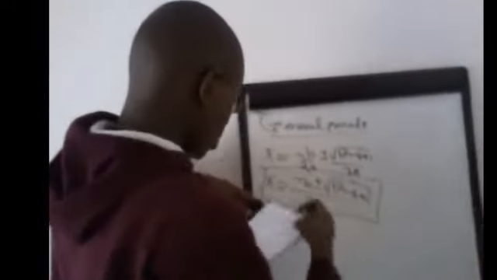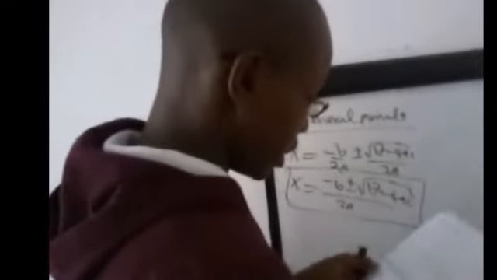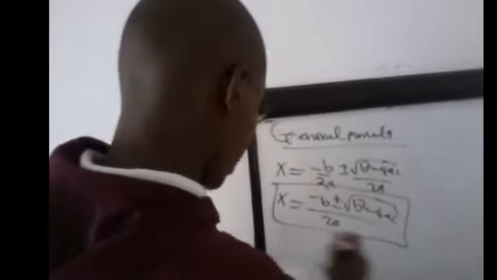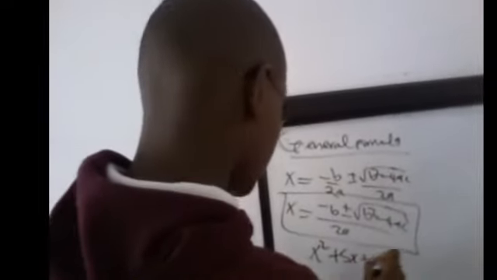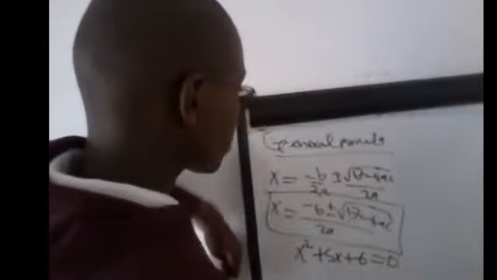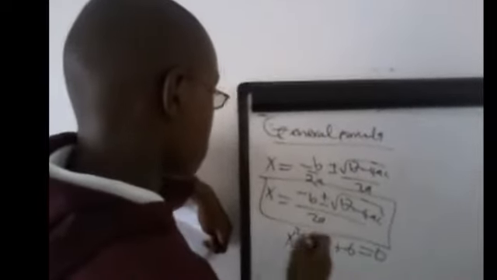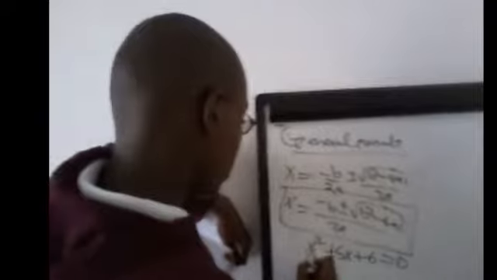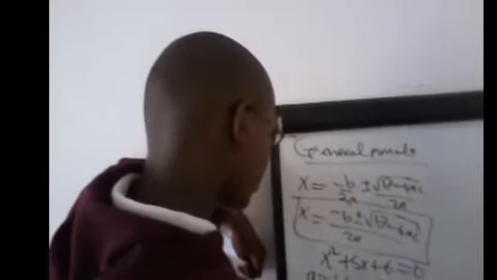So if we have a problem like this one, x squared plus 5x plus 6 equals 0, we will solve this by the general formula. First of all, we have to know what a is: a is 1, b is 5, and c is 6.